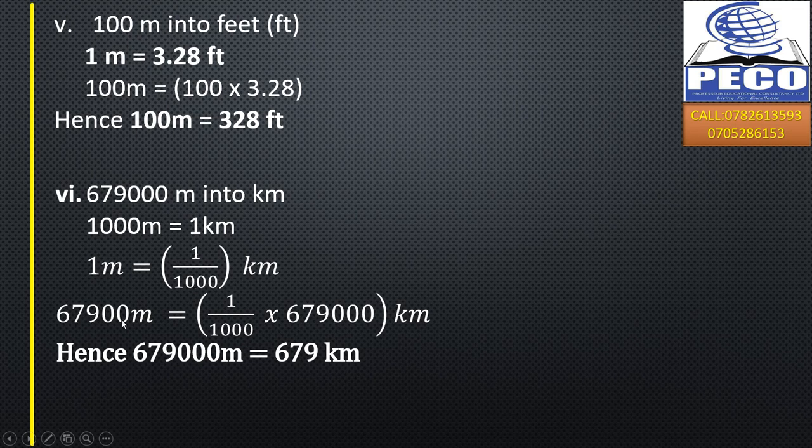So if I multiply this 1 over 1,000 by the value here, we shall get 679,000 meters is equal to 679 kilometers. Yes, these zeros will cancel out. If you have a calculator, you can use it, and you get the answer 679 kilometers.